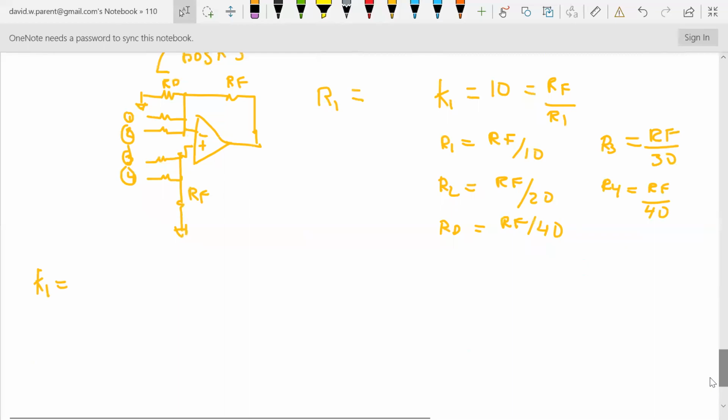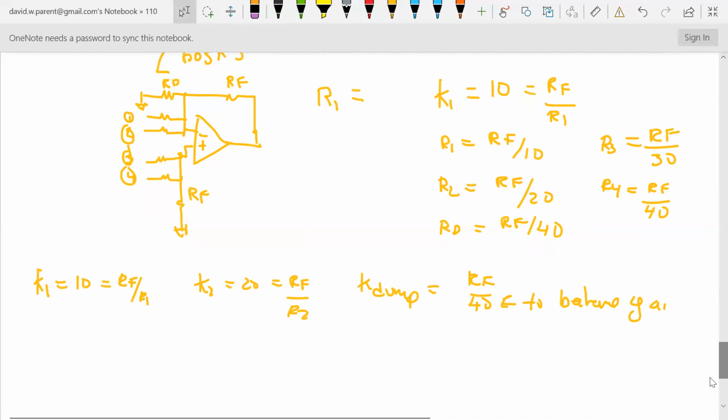So K1 equaled 10 equaled RF over R1. K2 equaled 20 equaled RF over R2. K dummy equaled RF divided by 40 to balance the gains. K3 equals RF divided by R3.